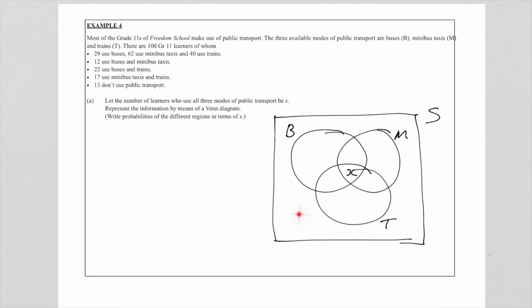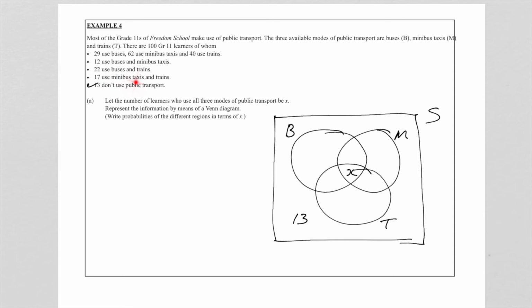Now, I want to go for now straight to the outside because this in this particular problem was given to us as 13. So my 13 goes outside. So that means I've got that one. So now when I look at the next one, and I'm just going from the bottom up, I'm going to look at the 17.